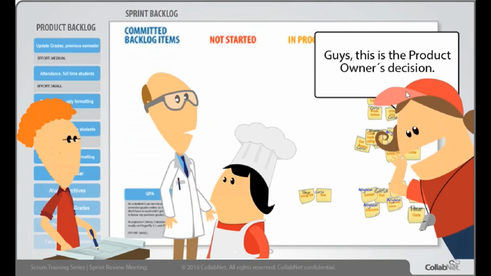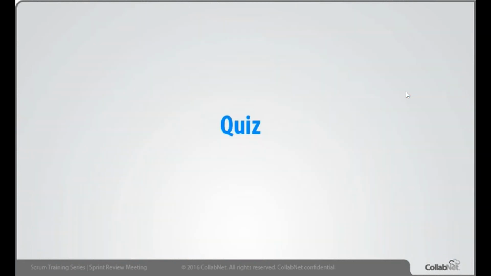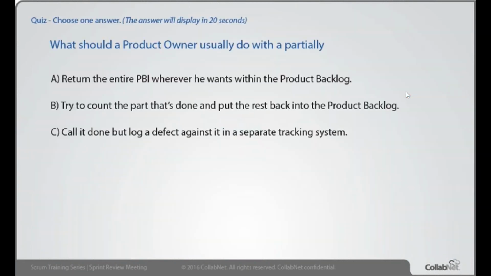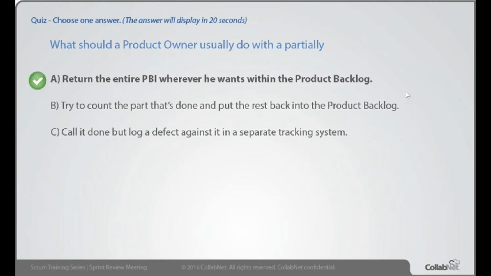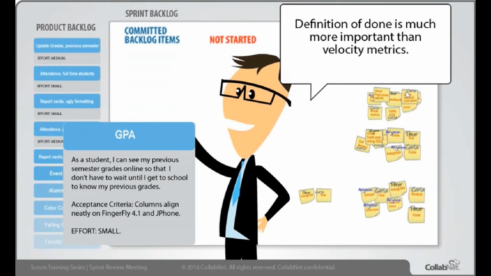Guys, this is the product owner's decision. Definition of done is much more important than velocity metrics.